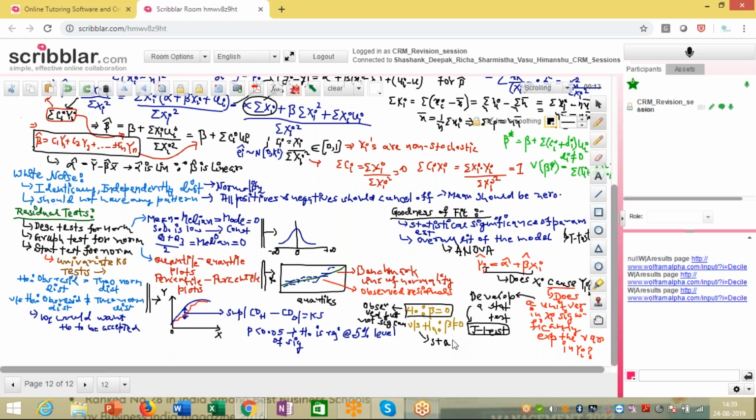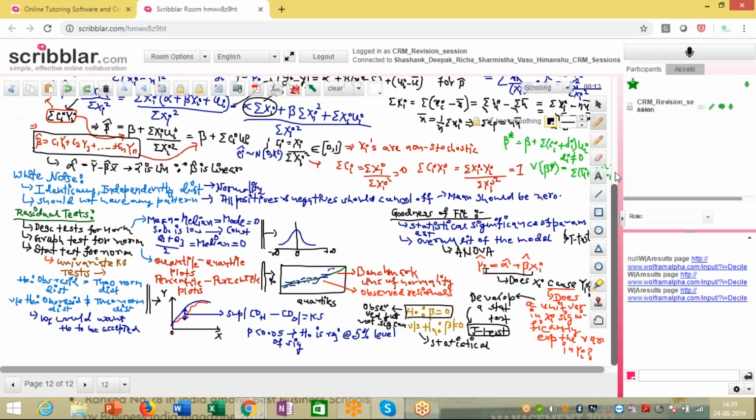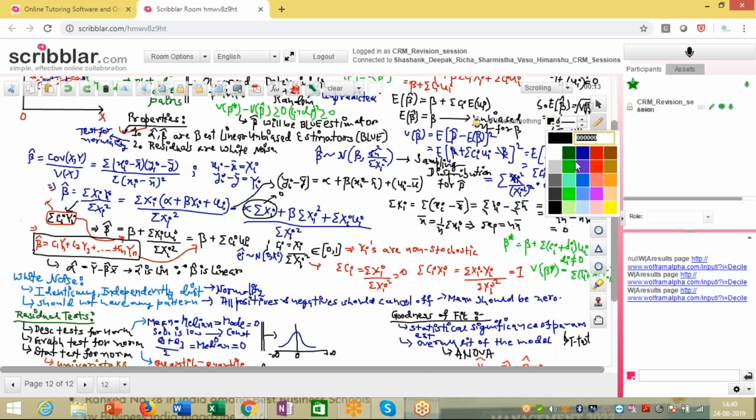So when I am trying to assess whether the estimated value of beta hat that I have with me is statistically significant or not, that is why I am trying to do a mean difference. I am trying to do the t-test. Now, why can I do the t-test over here? Because I know that the beta hats are normally distributed. And what is the distribution of beta hat? It was discussed over here.